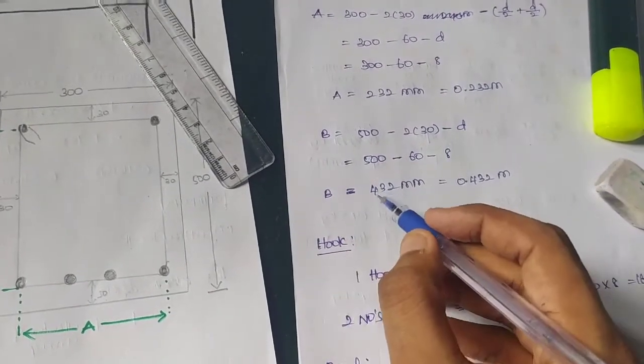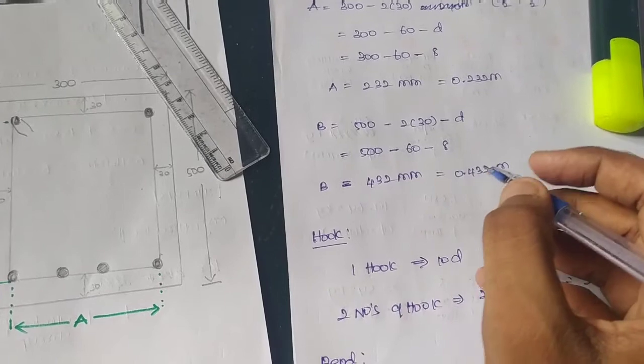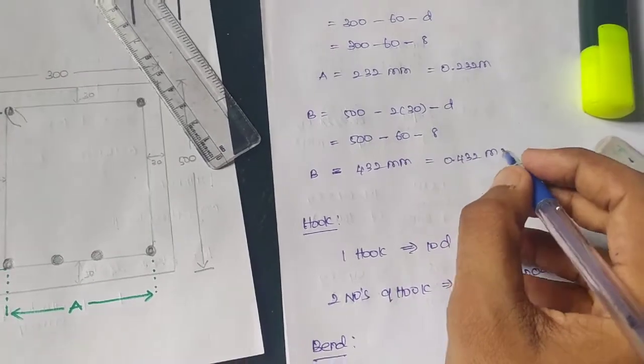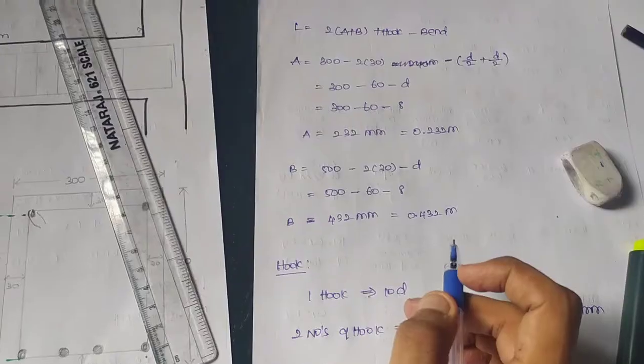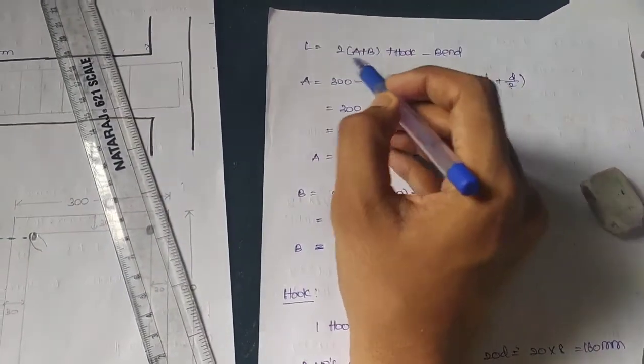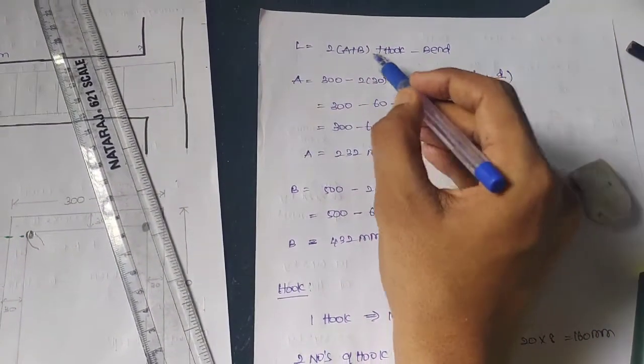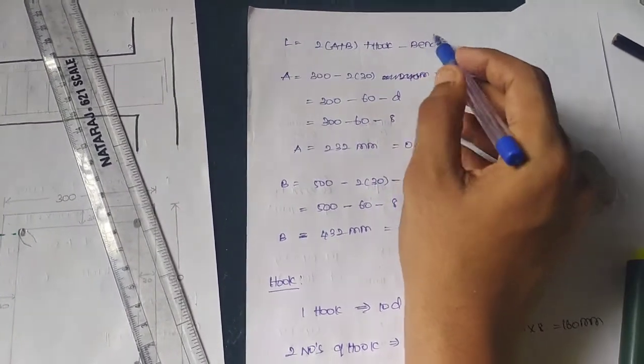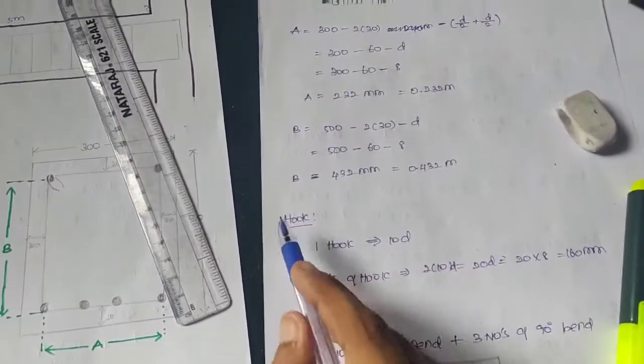So B is equal to 432 millimeter, which is nothing but 0.432 meter. Now we have completed this portion. So we need to calculate hook, and then we have to calculate the bend. Next we are going for hook.